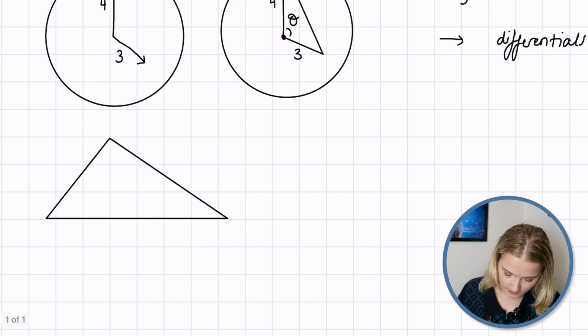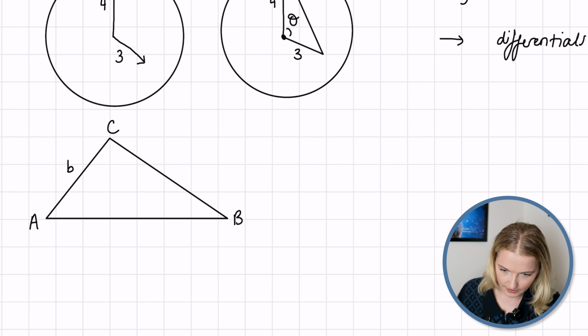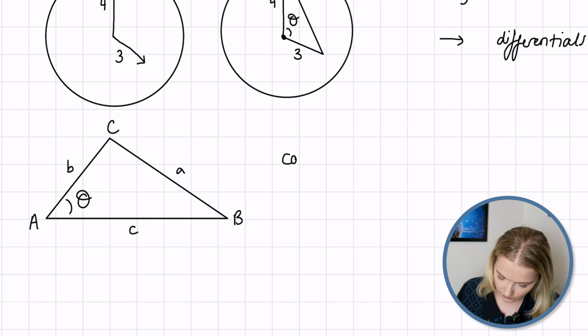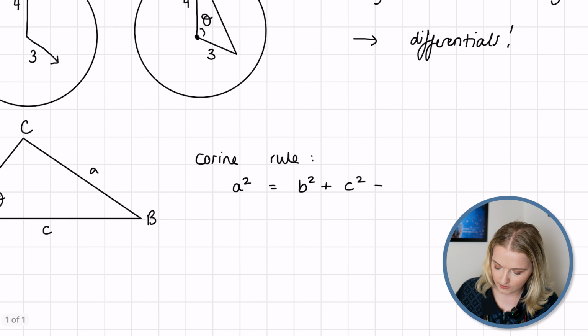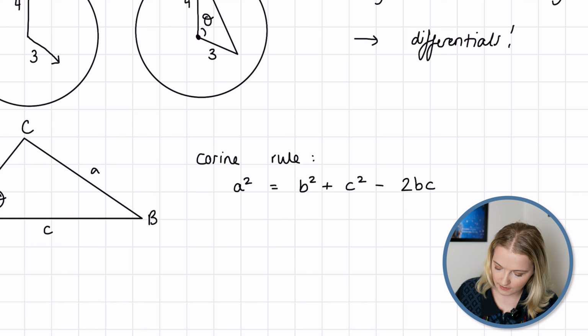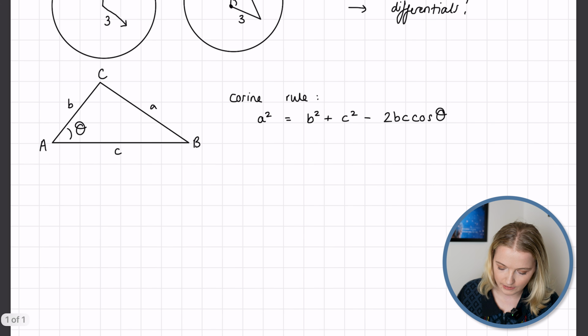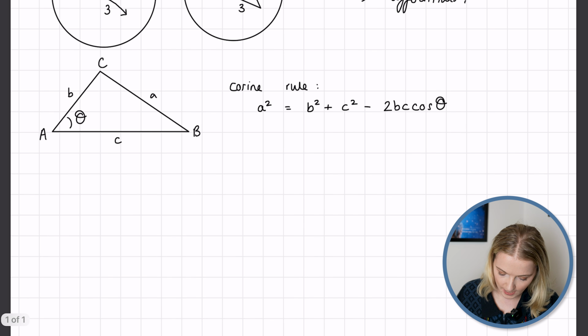The cosine rule says if we have a triangle with vertices A, B, C, and side lengths lowercase a, b, c, and we have an angle theta, then by the cosine rule, a squared equals b squared plus c squared minus 2bc cosine of theta.